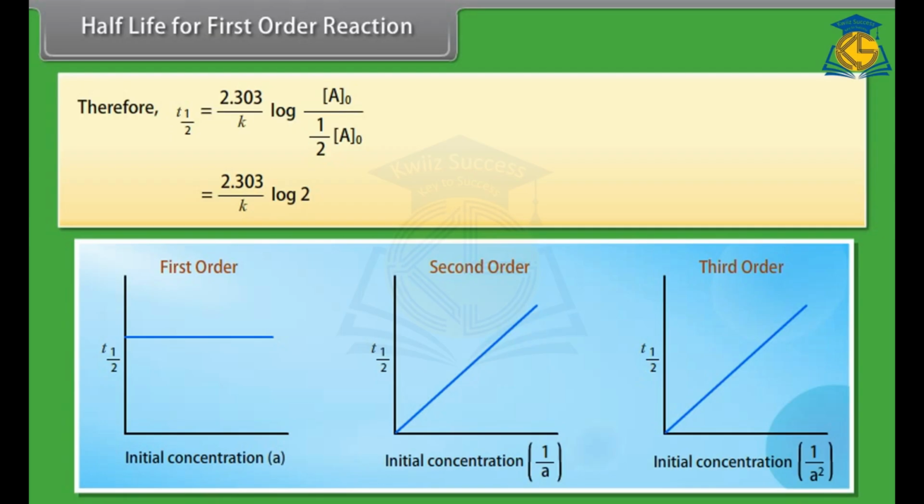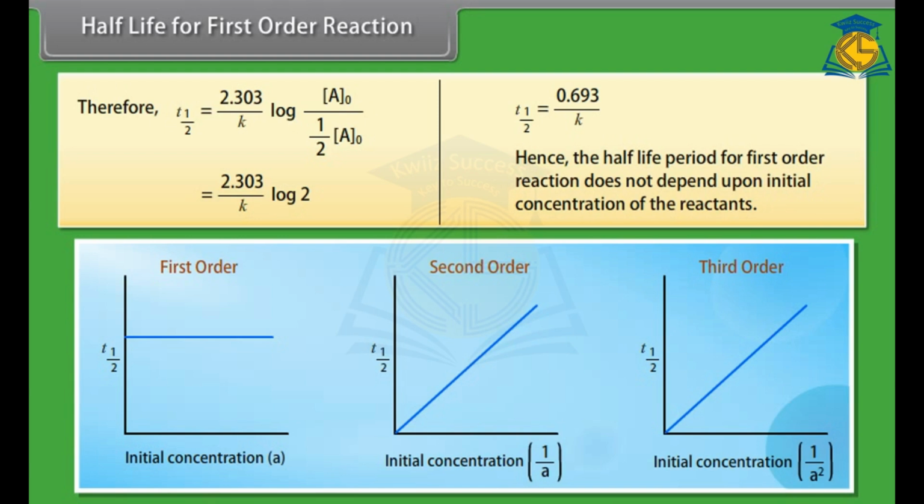It can be written as t half is equal to 0.693 divided by k. Hence, the half-life period for first-order reaction does not depend upon initial concentration of the reactants.